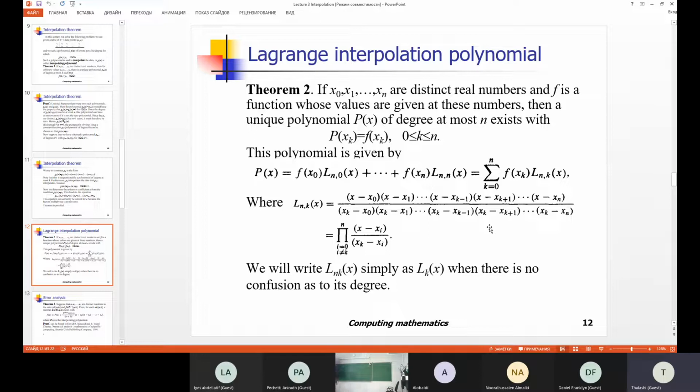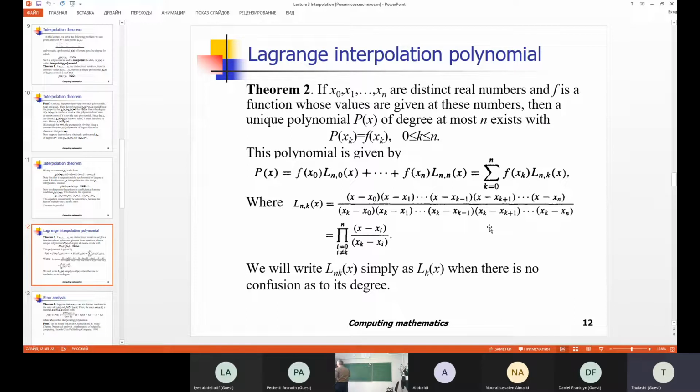I should use this notation. How to write L0? According to this general formula, if I write Lk, I should skip the point k. When I write L0, I should skip the point 0 in the numerator and use it in the denominator.